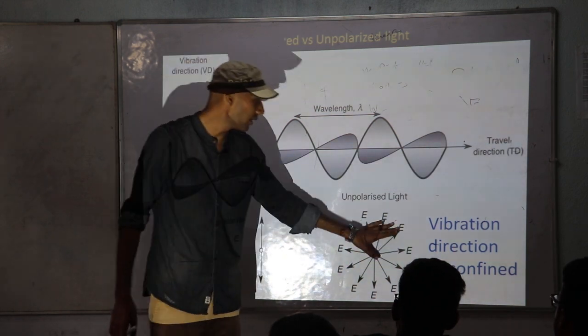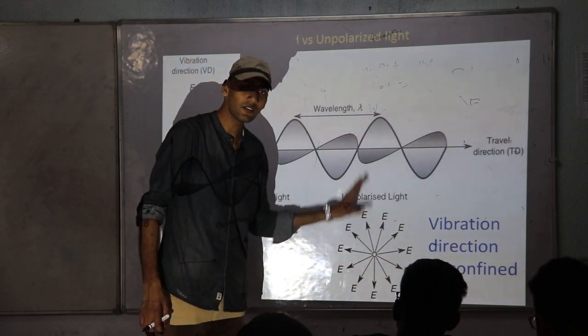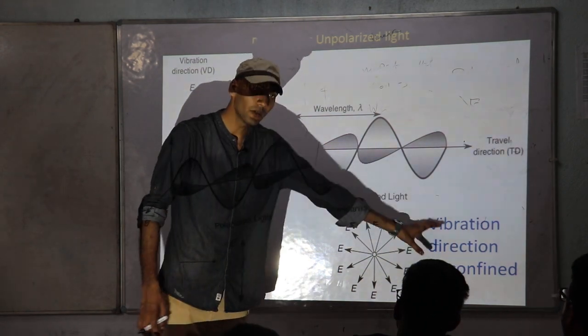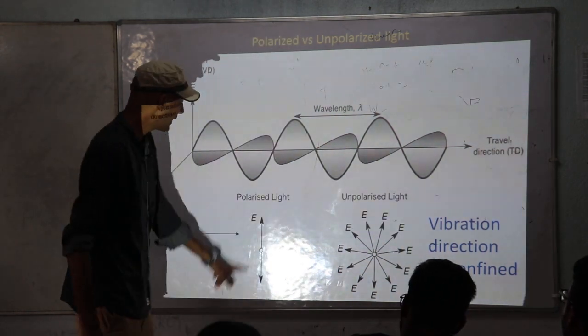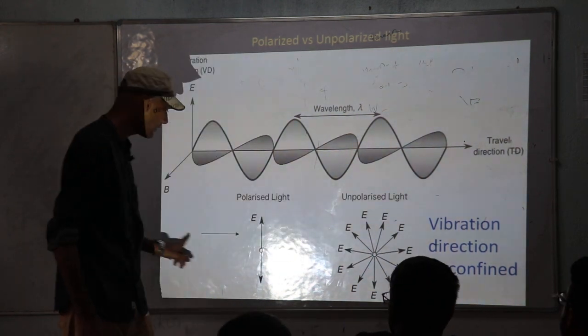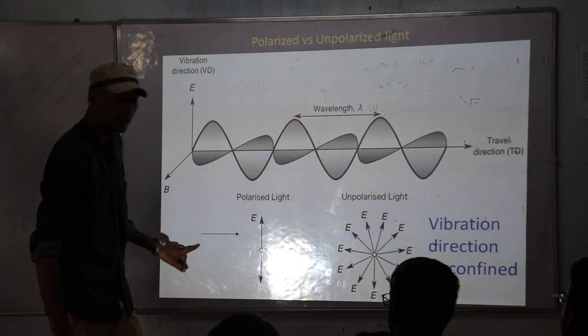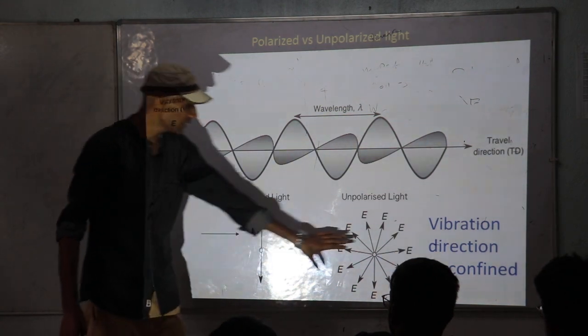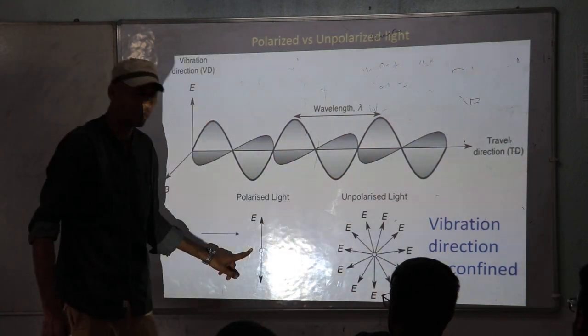Okay, so this is for unpolarized light ray. When it enters through a polarizer and removes from the polarizer, it will have a single plane of vibration. You can see for both of the cases, the direction of propagation is the same, but just the vibrations are reduced to one plane.